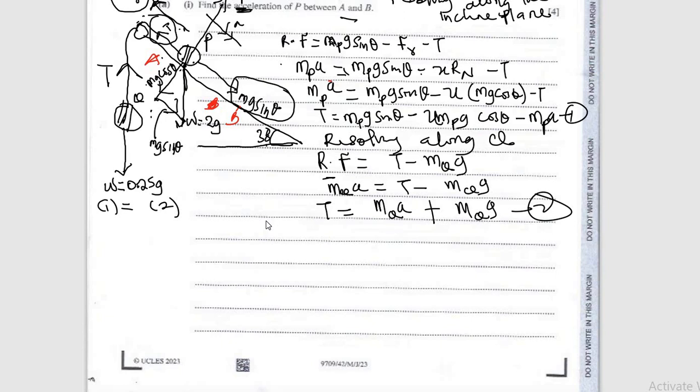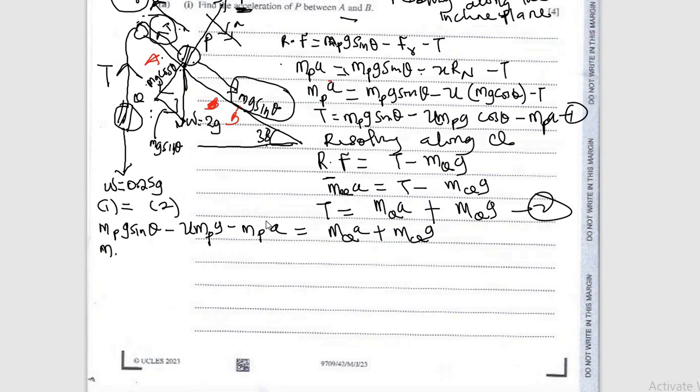Equation 1, that's mpg sine theta minus coefficient of friction mg minus ma, equal to equation 2, mqa plus mqg. Collect the like terms, bring the ones with a together.